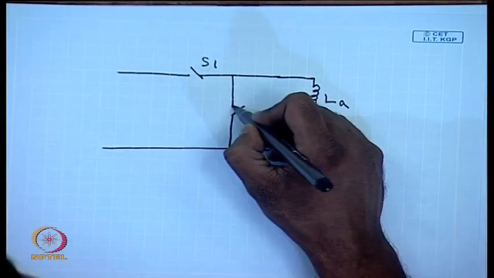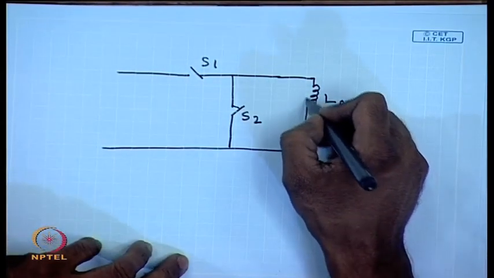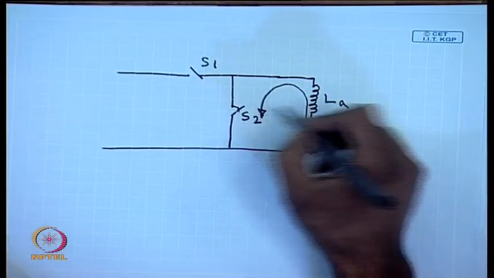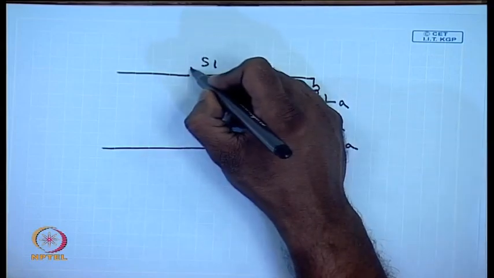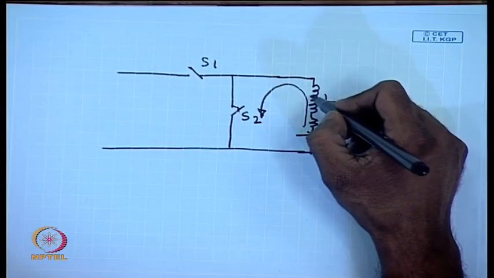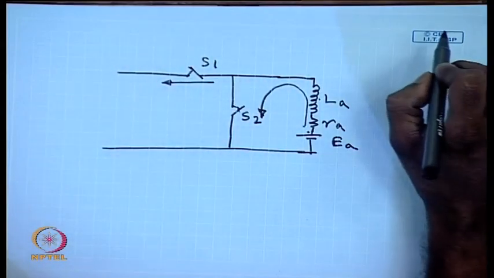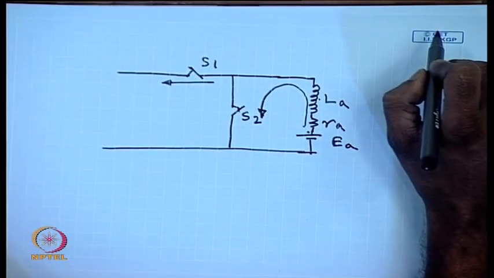So, whenever S2 is turned on, a current flows through the armature inductor in this way, and when it is turned off, then the inductor current cannot vanish immediately, hence it starts flowing through the switch S1.